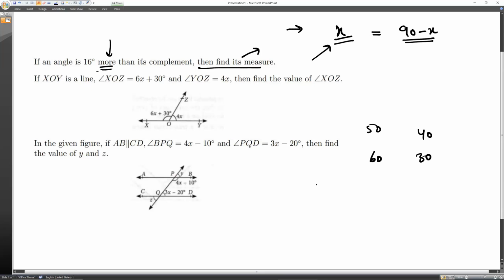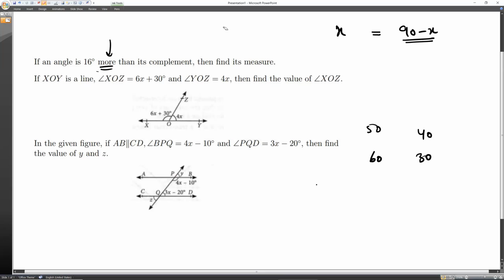So if an angle is x degrees, its complement will be 90 minus x. Got it?